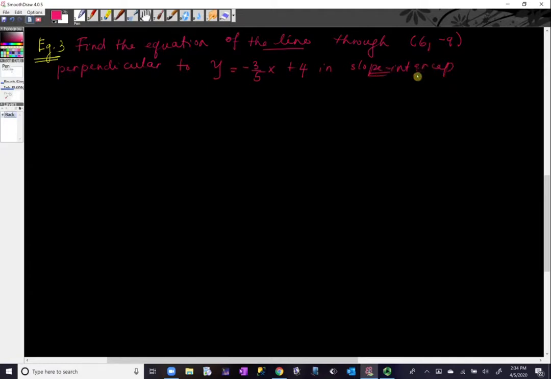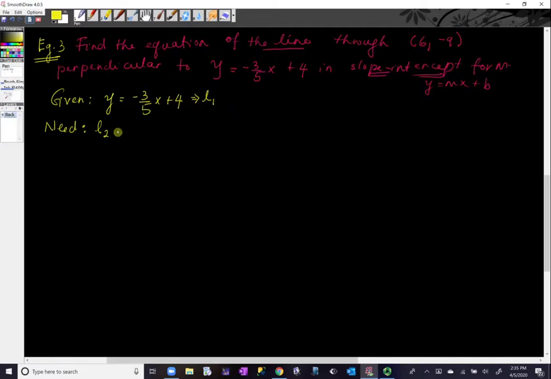So slope intercept form, immediately your idea should be y equals mx plus b. So don't forget that. So what's given? You always want to look for what's given. Y equals negative 3 over 5x plus 4. What do you need? You need to find line 2, and let's call the first line that's given L1.